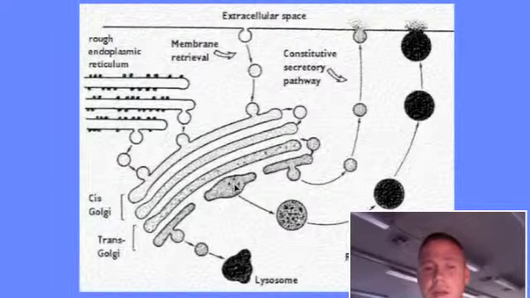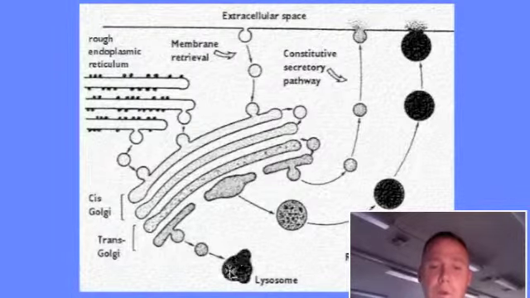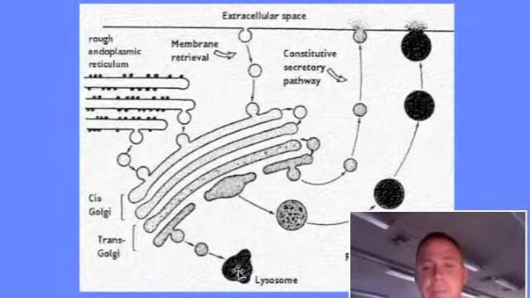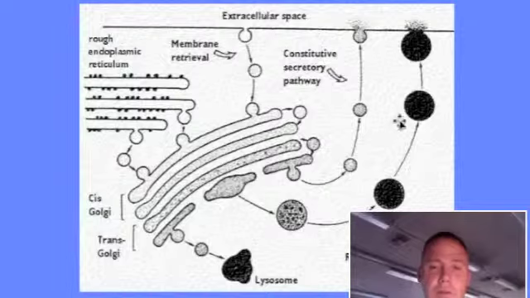They modify what's necessary, they concentrate it, and they package it within the Golgi apparatus, and then it either becomes small organelles for use within the cell, such as lysosomes and microbodies, or becomes a vesicle that is transported to the surface of the cell for secretion.